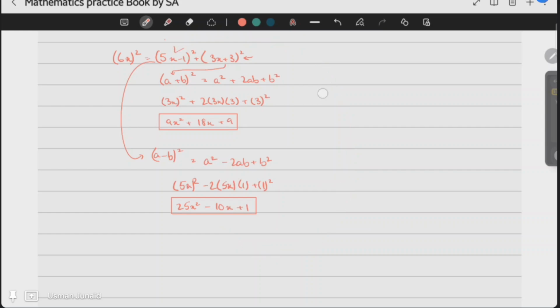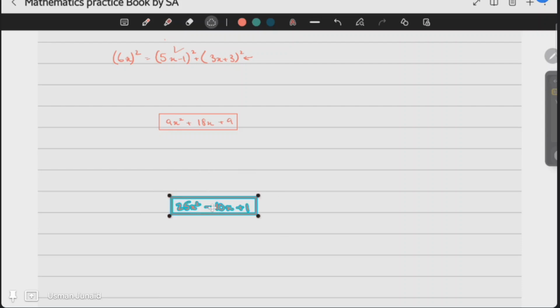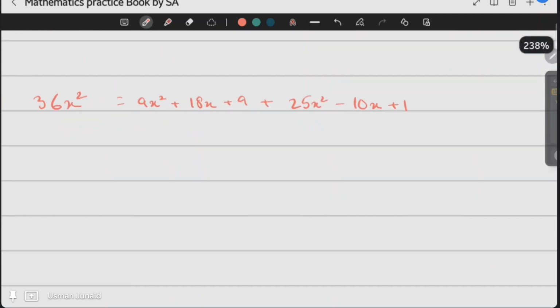Okay. So now we open these, right? Let's remove all of this. And these two adding is equal to 6x whole squared, which is 36x squared. Any problem still here? Okay. So now, with all the terms having x squared, we first equate them.